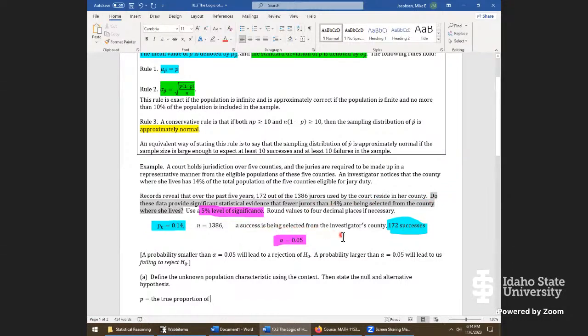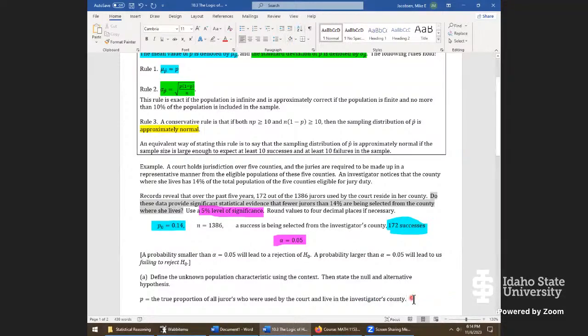A success is being selected from an investigator's county. So it'll be the true proportion of all jurors who were used by the court and live in the investigator's county.